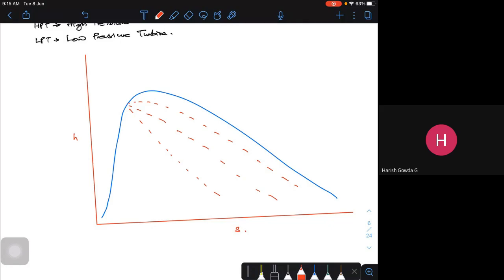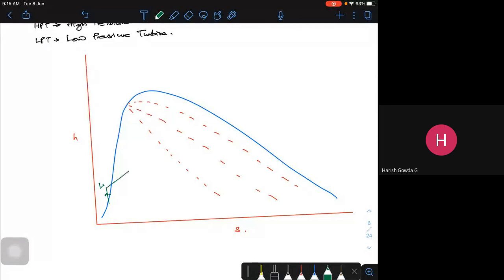So if I try to show the expansion, 1 to 2, this is point 1, or my point 1s. Then there is the pressure line going like this.